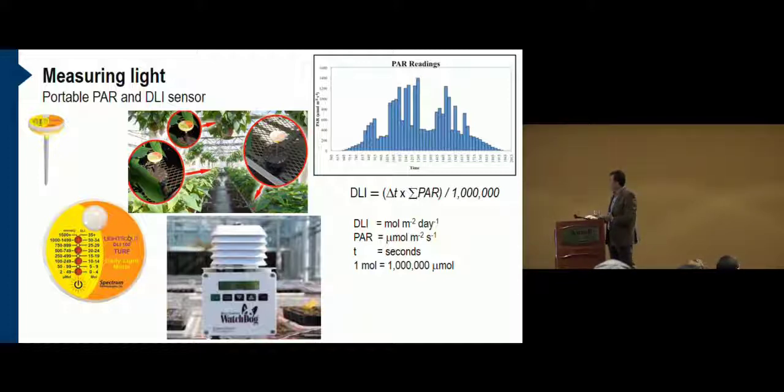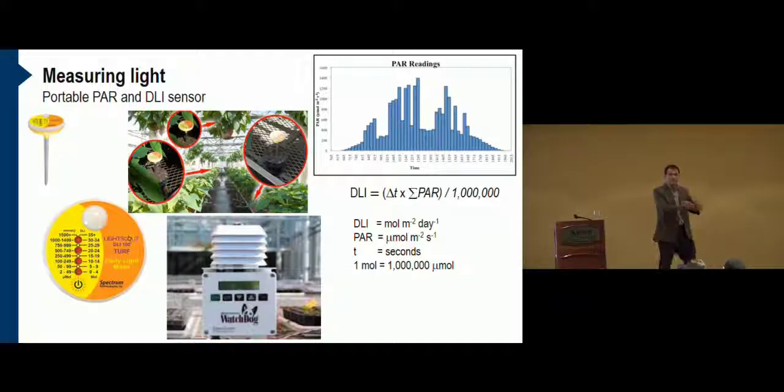Then what you can do is to actually integrate or add all the PAR readings in that 15-minute time interval, and then multiply that by the delta T, which is in terms of seconds.